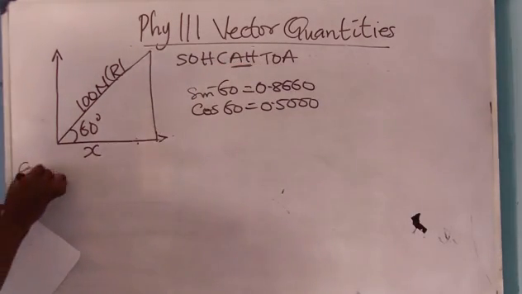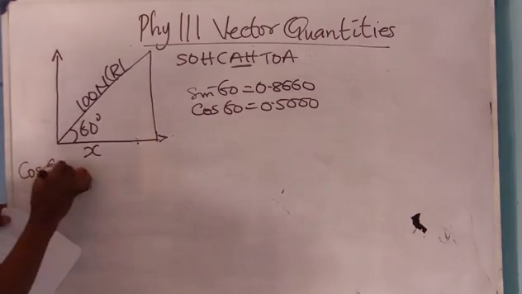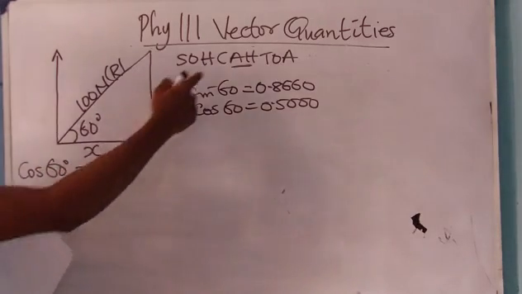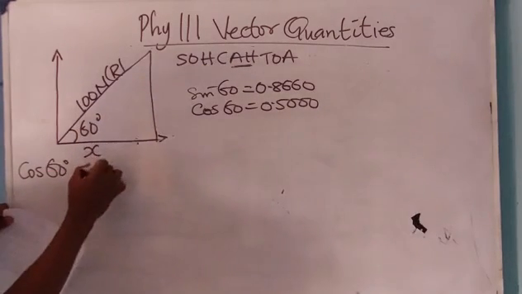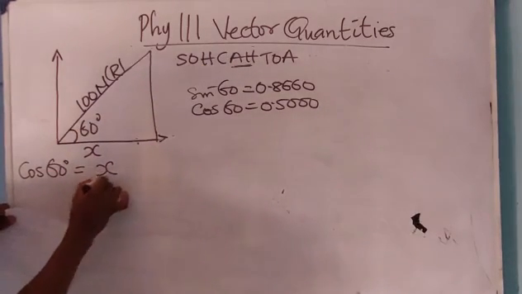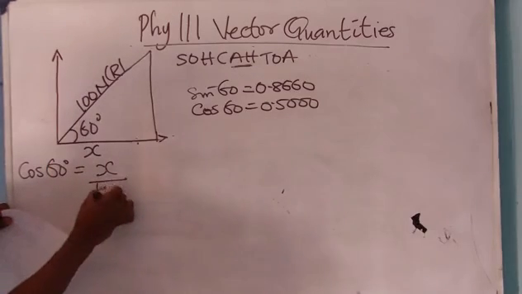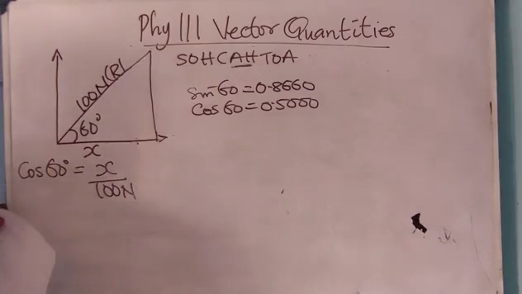Which means that cos 60 equals adjacent over hypotenuse. Where is the adjacent? It is x, right? Then hypotenuse is 100 Newton.